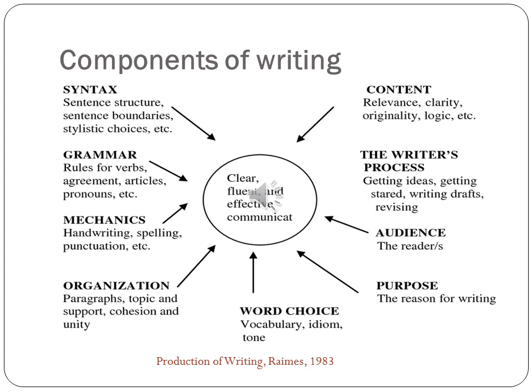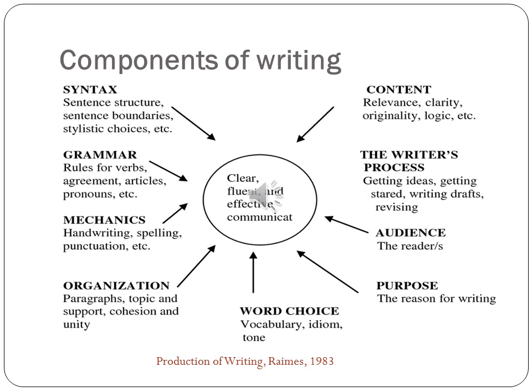The writer's process, for example, includes generating ideas, getting started, writing drafts, and then revision. Also the audience, they are part of the writing process because they are the ones we're writing for. The purpose: why do we write, and what's the reason behind producing this piece of writing. Then the word choice: why do I choose these words or this word and not that word.